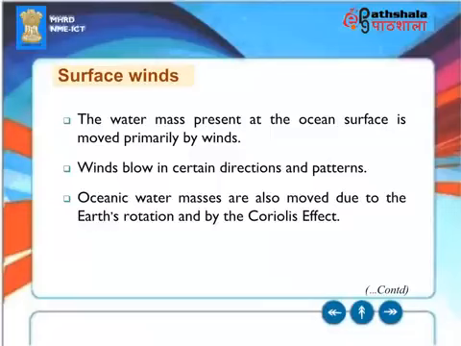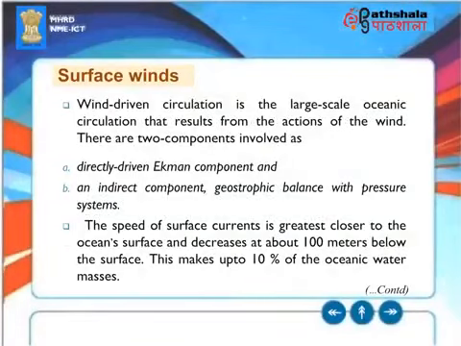Surface winds. The water mass present at the ocean surface is moved primarily by winds. Winds blow in certain directions and patterns. Oceanic water masses are also moved due to the Earth's rotation and by the Coriolis effect. Wind-driven circulation is the large-scale oceanic circulation that results from the actions of the wind.